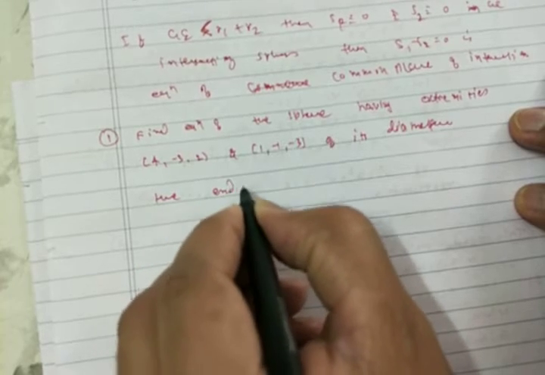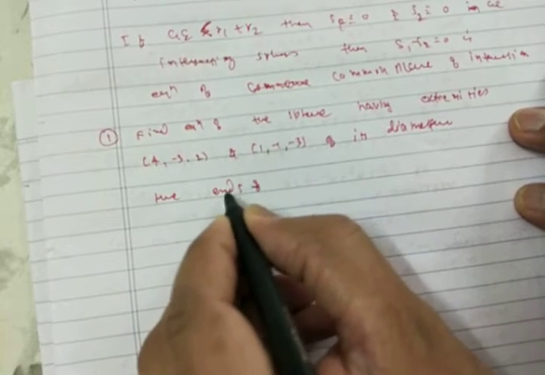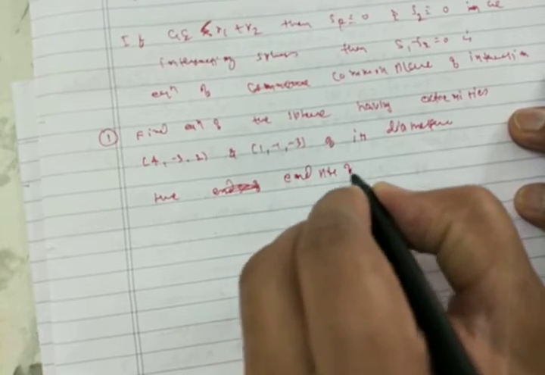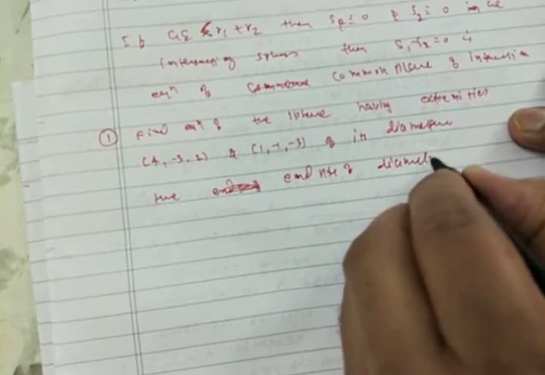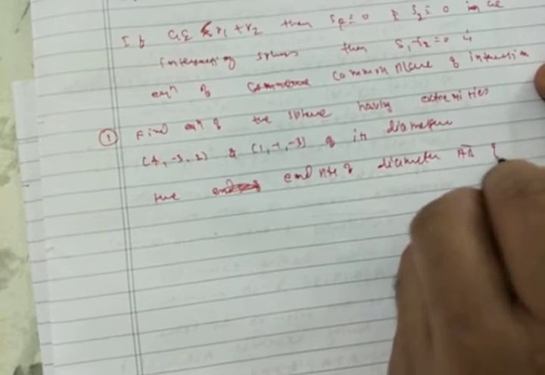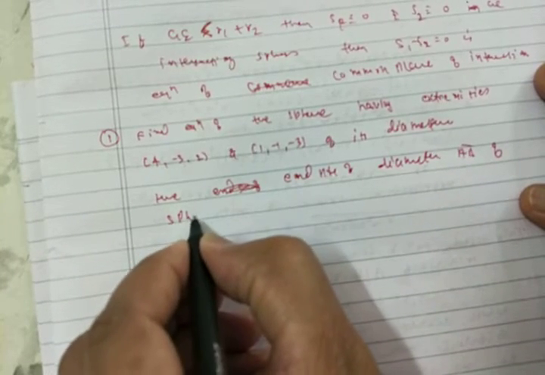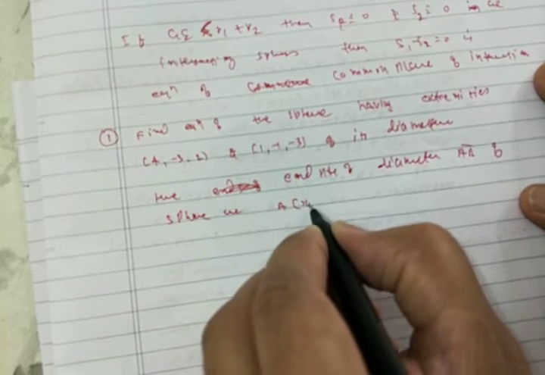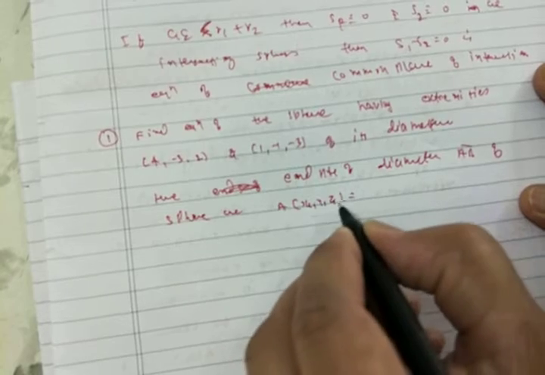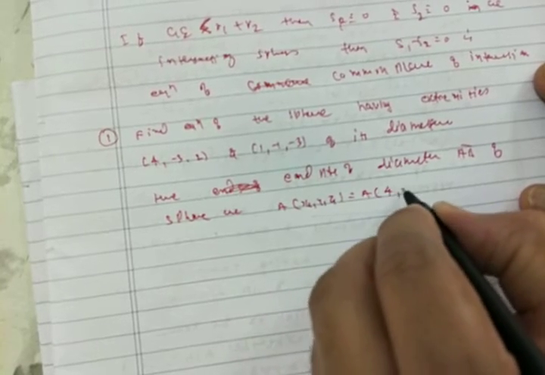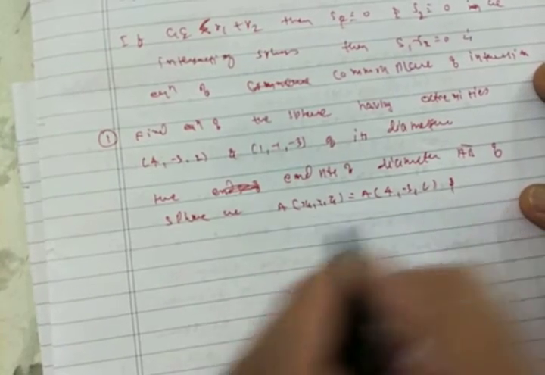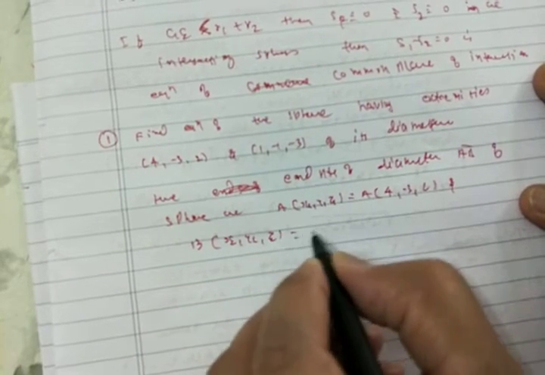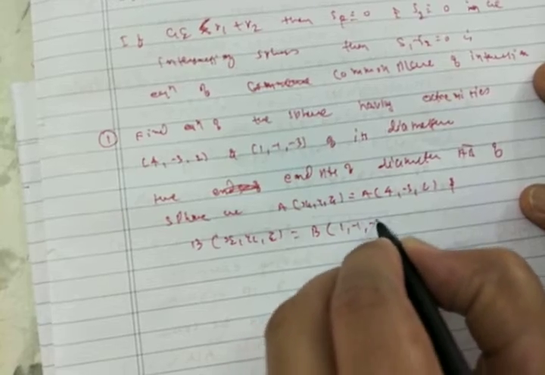Here the end points of the diameter line segment AB of the sphere are A(x1, y1, z1) equal to A(4, minus 3, 2) and B(x2, y2, z2) equal to B(1, minus 1, minus 3).